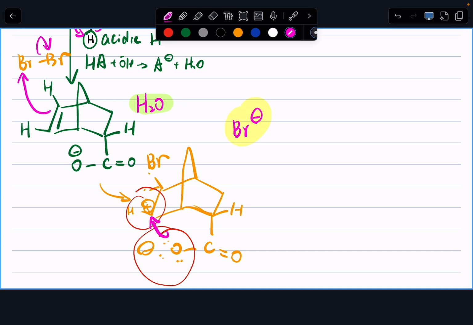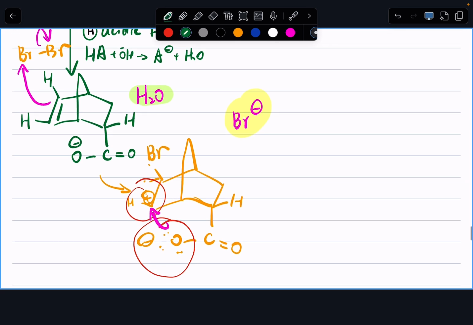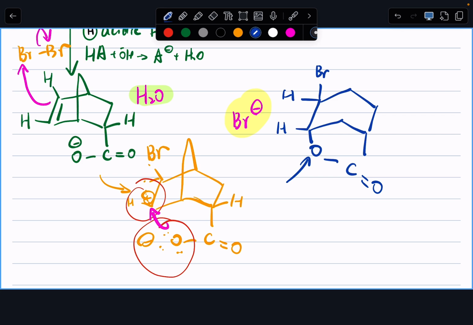And what's the product of this last step? Well, we're going to form something like this. Carbon, oxygen, oxygen here, and then hydrogen, Br, hydrogen.